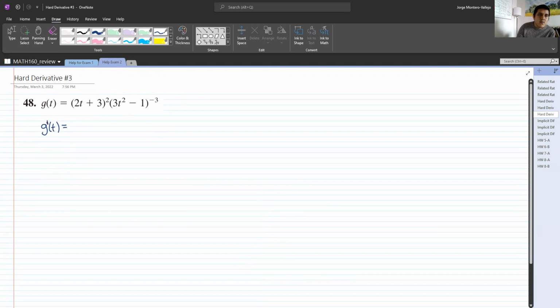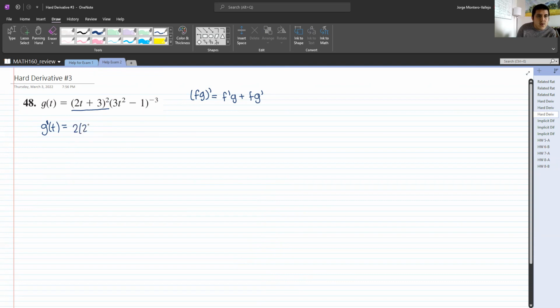Okay, so derivative. Okay, so product rule, remember, derivative of a product is the same as f prime g plus f g prime. Derivative of the first one, right? So derivative of this first one, that is going to be a general power rule because it's a function squared, right?